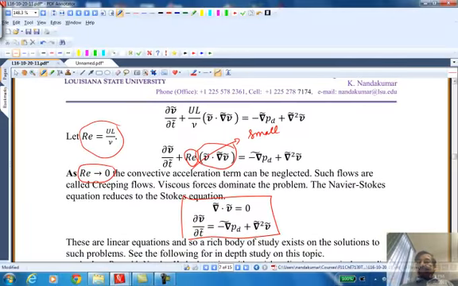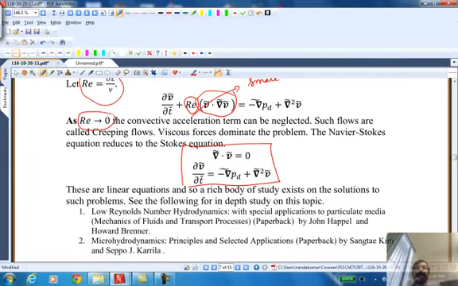Have we changed the nature of the problem when we do this? It's still viscous dominated flow. What was the troubling problem with the Navier-Stokes equation? The non-linearity in this term, V dot del V. V appears as a product. That's non-linear. There is no way we can solve that analytically.